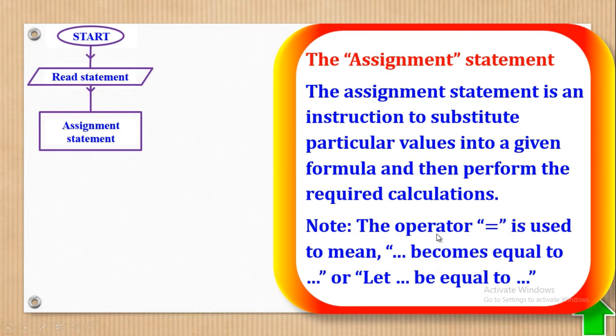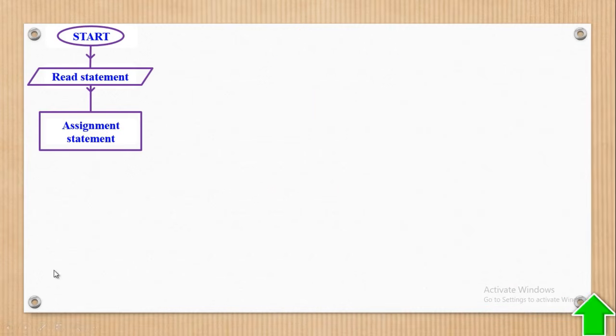It means becomes equal to. This word becomes is very vital, because they can say 2 equal to 2 plus 1, which is not logically correct, but in flowcharts it is correct.